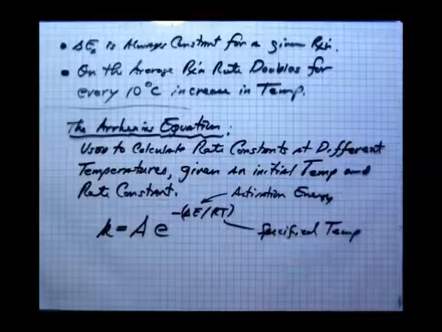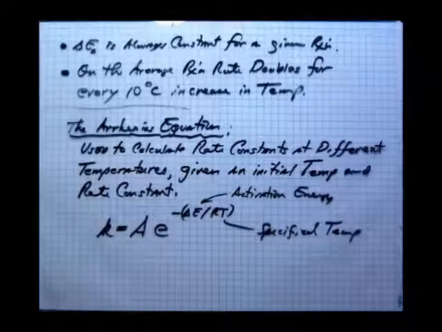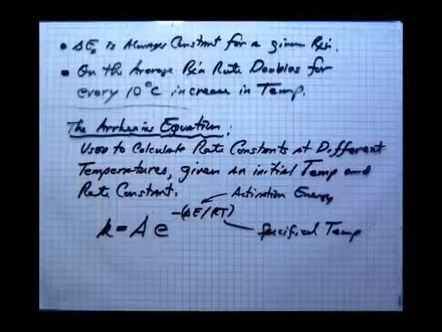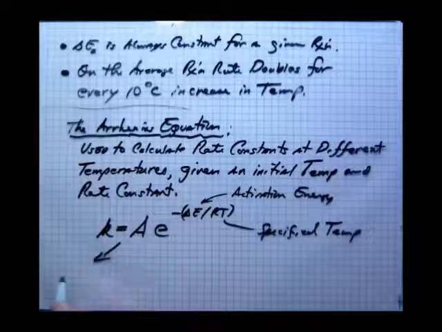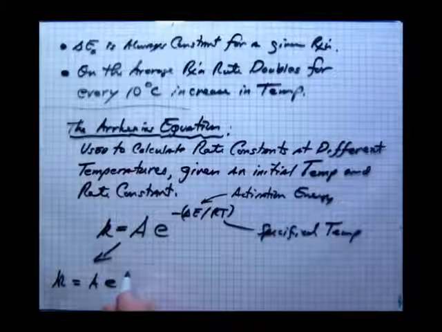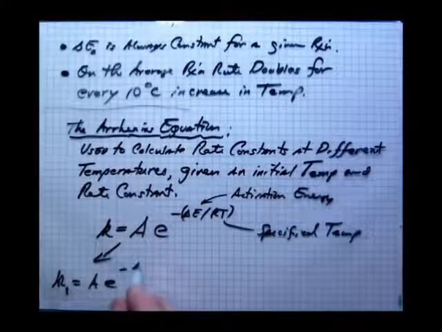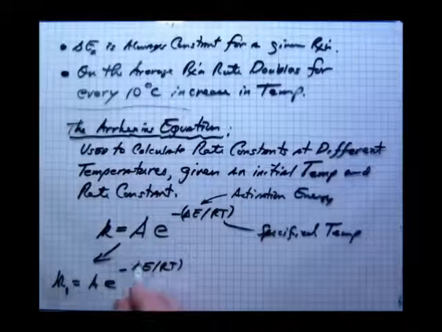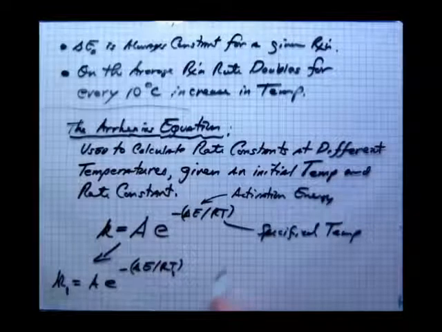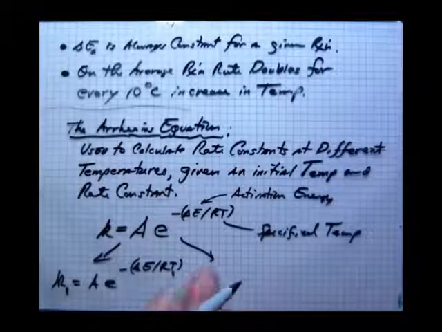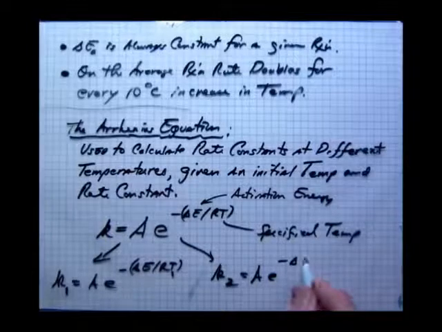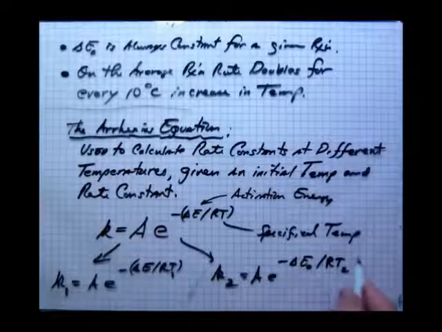Okay. Somebody have a question? Okay. Long story short, this equation is divided into K1, T1. You'll have K1 equals A e to the minus delta EA over RT1, and you'll have K2 equals A e to the minus delta EA over RT2.